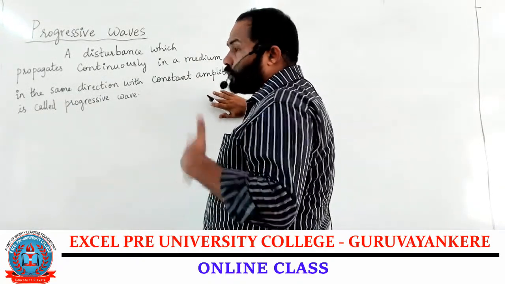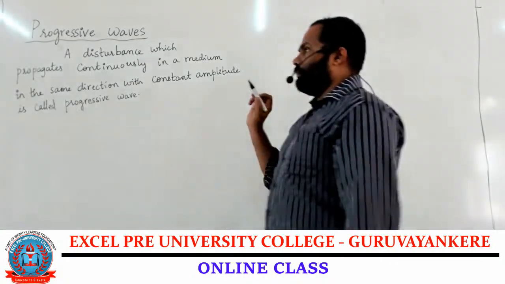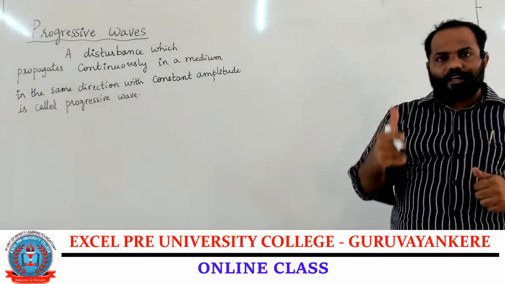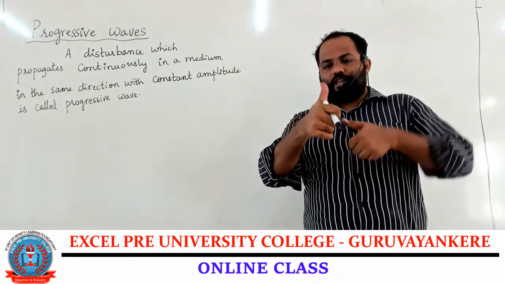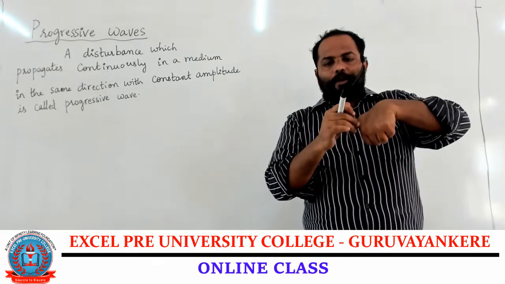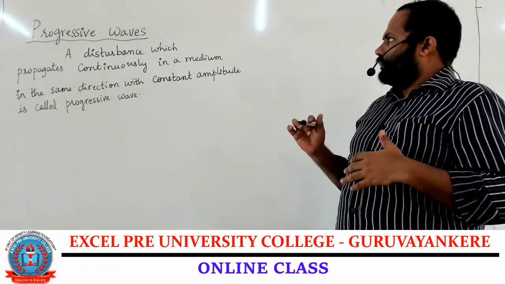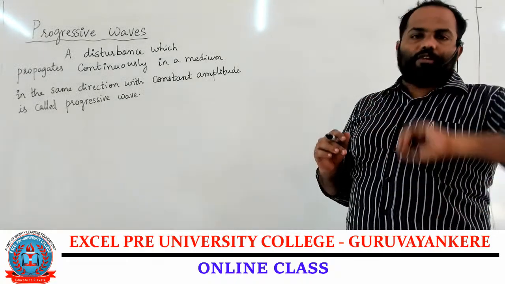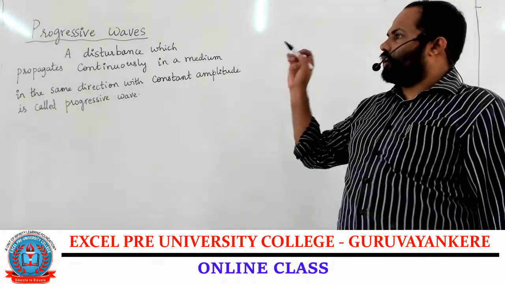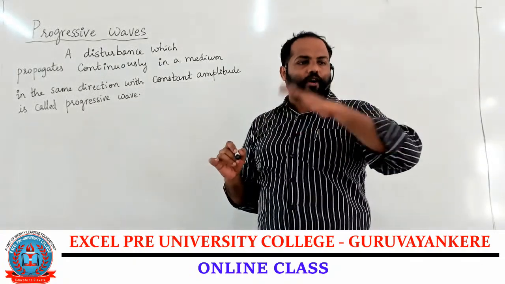Even electromagnetic waves can be included in progressive waves. Why? Because of the oscillation of the electric field vector in one direction, perpendicular to that there will be oscillation of the magnetic field vector, perpendicular to that there will be propagation. But it will be continuous, it will be never ending. The oscillations of the electric field and magnetic field vector will continuously give out light.